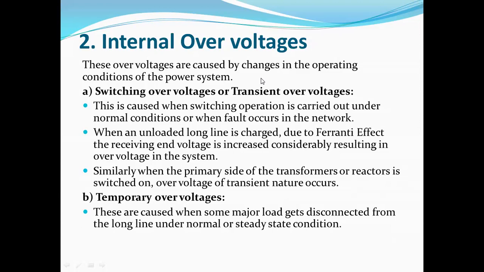Reactors, you know, for filtering purposes we are using capacitors and reactors, right? So when these reactors or the transformers' primary side is switched on, at that time also the over voltages will occur. So these are all the internal causes for producing the over voltages.